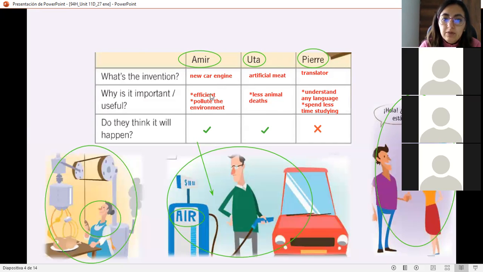And talking about the car engine, it's like the one who is taking more time than the others, ¿no? Al parecer, el nuevo tipo de motor o un motor que no funcione con gasolina, sino con otro componente, es el que más tiempo ha llevado, como demorándose, ¿no? De todos estos inventos. Good, guys.